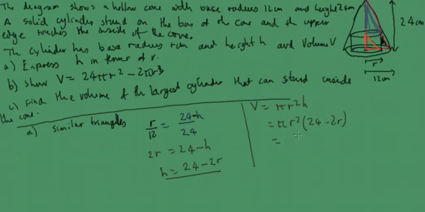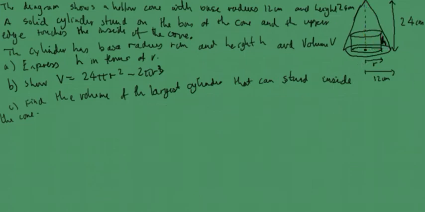So we expand that out, we will get 24 pi r squared minus 2 pi r cubed. And next we're going to take our volume for our cylinder and differentiate it so we can find the stationary points.